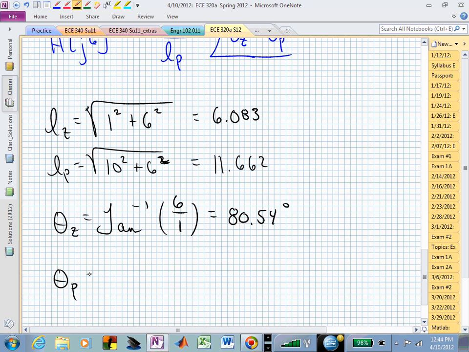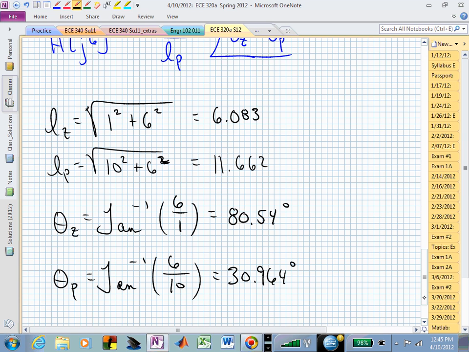But theta sub p: we go up 6 and over 10, so the inverse tangent of 0.6, which is not quite 0.7, so it should be a little bit less than 45 degrees, just as a way of keeping track of all of this.